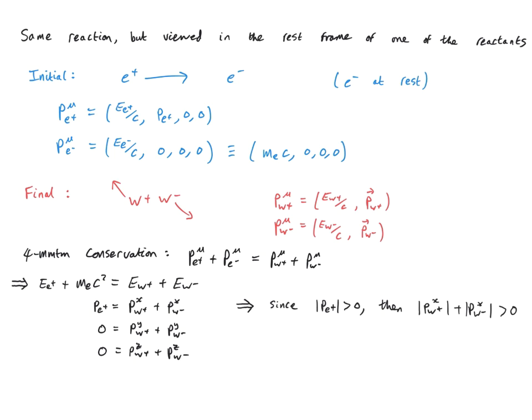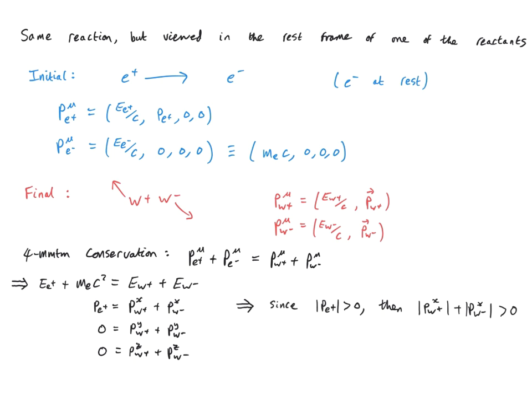Not all of the kinetic energy of the reactants can be used to generate the larger rest mass of the products. This simply follows from conservation of momentum. Therefore, in this frame of reference, the threshold energy for the reaction must be higher than simply the rest mass energy of the products. It has to also include the kinetic energy of the products, which has to take away this excess momentum. So what is this threshold or minimum energy for the reaction to occur in this reference frame?